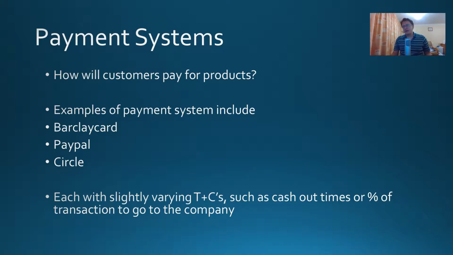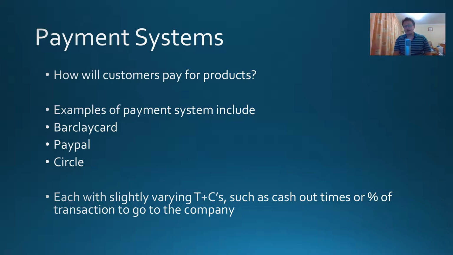You may want to think about if you have a scenario which includes a brick and click store. So in other words, you have an online store and a physical store. You might want to think about getting Barclaycard, because Barclaycard could work in the physical store as well. You have two more common things that are used these days, such as PayPal and Circle.